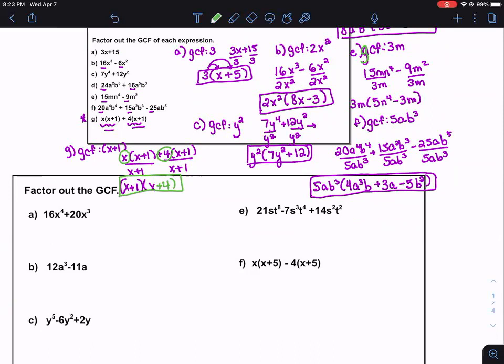Agreed? Yes. Okay. But the variables, y to the 4 and y to the 2. So because it's the same variable, remember the rule, we go with the lower exponent on common variables. So y to the second would be the lower exponent on y to the fourth and y to the 2. Let me know if that's okay.